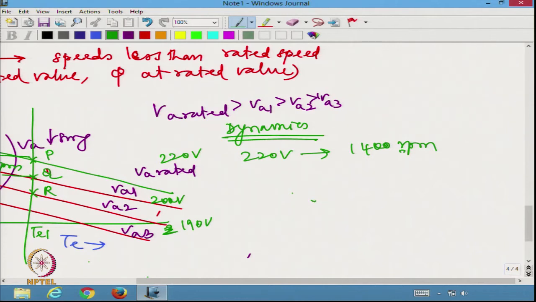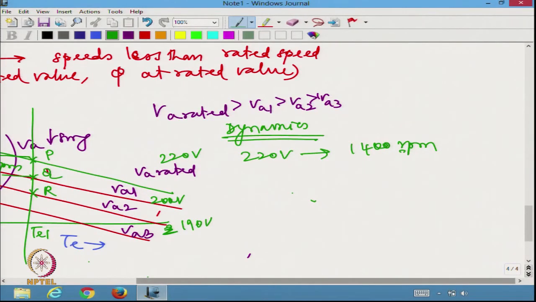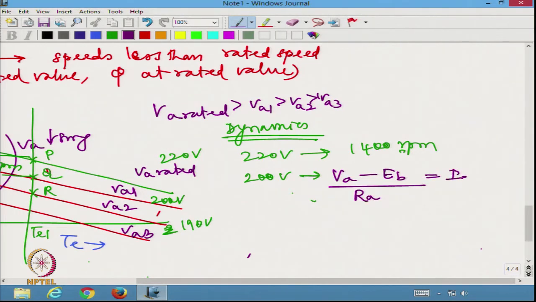So, we are going to have 1400 RPM when we were working at 220 volts. Now, I am reducing it to 200 volts. When I reduce the voltage to 200 volts, VA minus EB divided by RA is going to be the current.